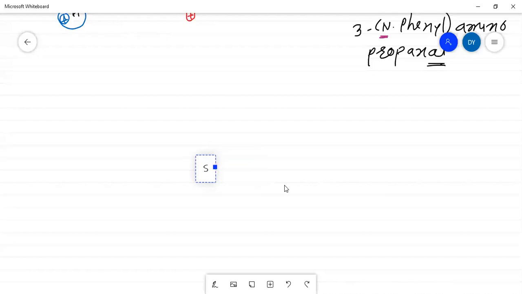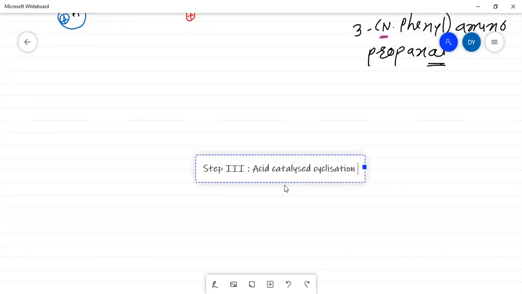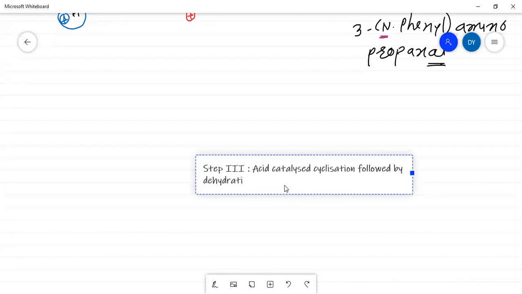Now step number 3 is about cyclization. Acid catalyzed cyclization, followed by dehydration to give 1,2-dihydroquinoline. So this is step number 3.